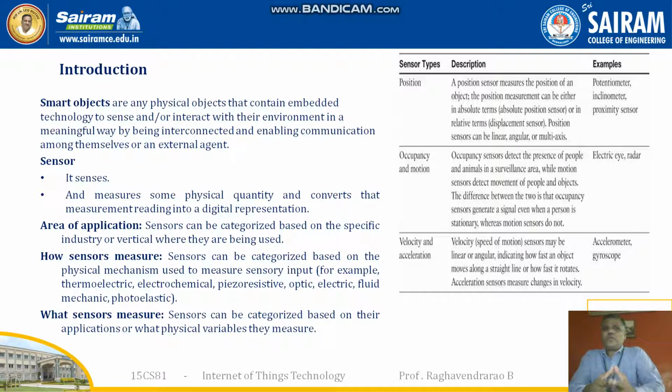Then, what do sensors measure, basically? The sensors can be categorized based on their applications, or what physical variables they are going to measure. These sensors can be categorized based on their applications basically: what type of data you need, so that it gives the form of variables measured.